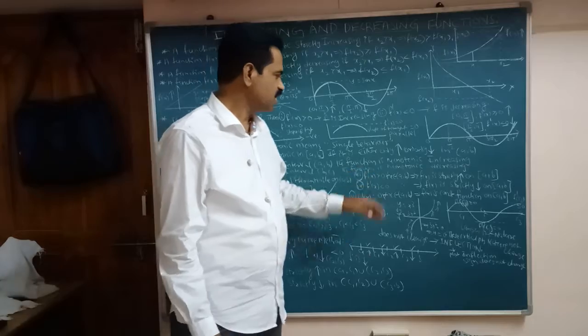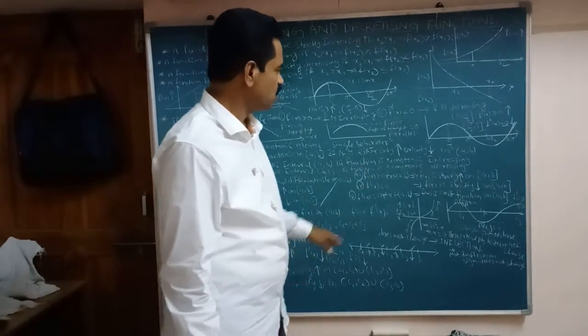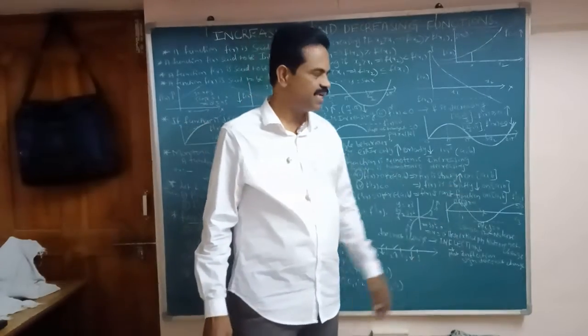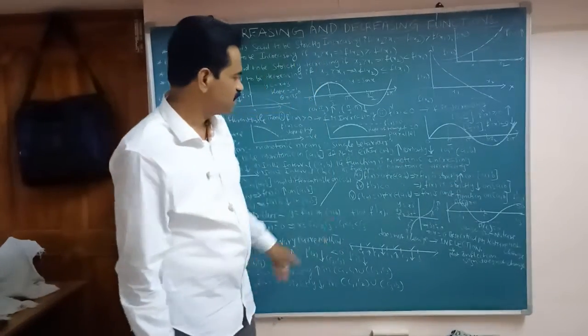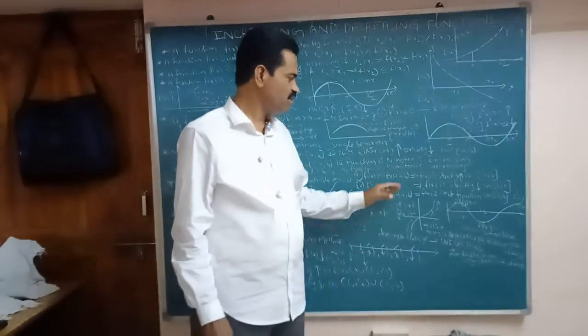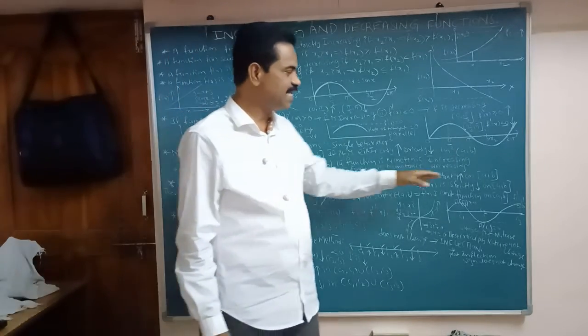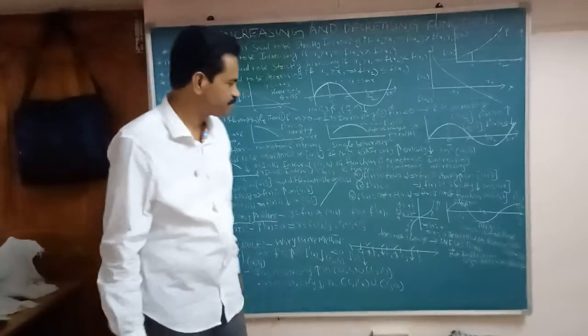Third, if f dash x is greater than 0 for all x, then f of x is strictly increasing on a comma b. If f dash x is less than 0 for all x, then f of x is strictly decreasing on a comma b.